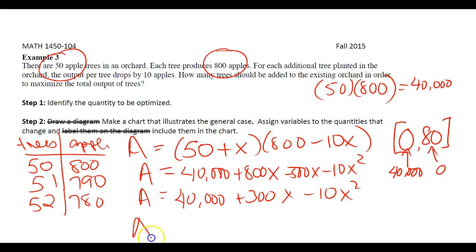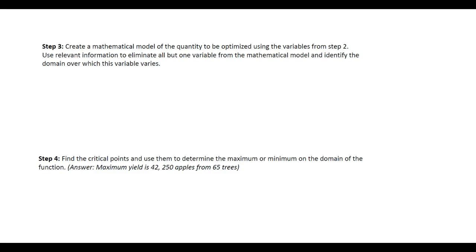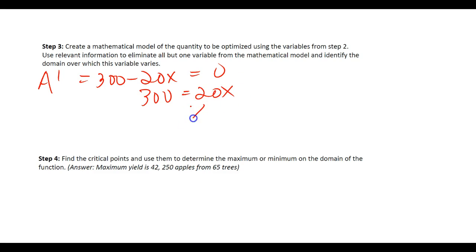All right, the apple derivative is, this goes away, we get 300 minus 20x. All right, let's move to the next page. So we just did our derivative equals 300 minus 20x. I'm going to set that equal to 0 and find critical points. 300 equals 20x. x should be 300 divided by 20, or 15.